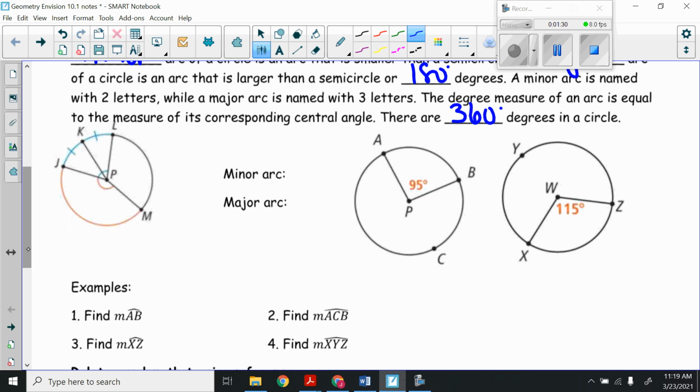So if we look at this first circle P, we notice that arc KL is marked congruent to arc JK. So I would say that the measure of arc JK is equal to the measure of arc KL.